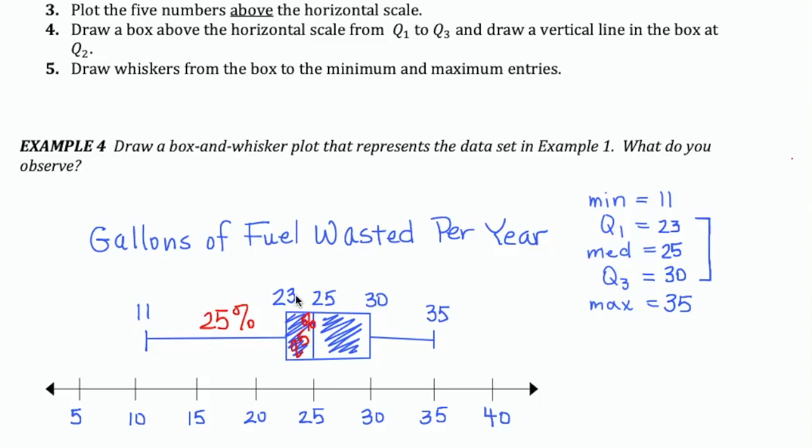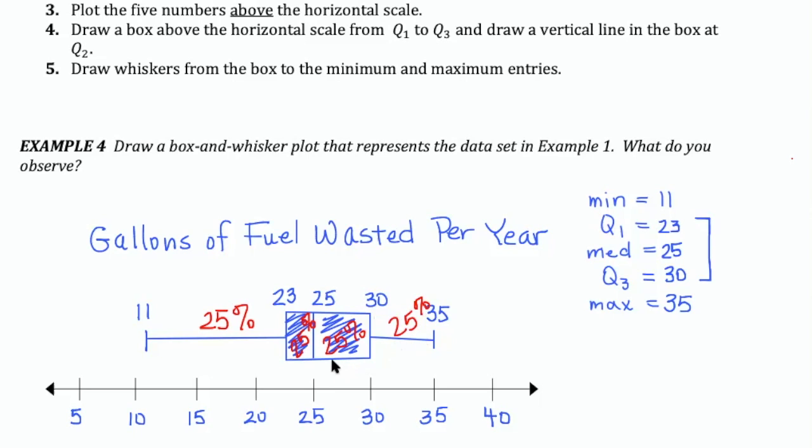So between 23 and 25, I have just as much data as I do from 11 to 23. We have a lot of values in a small area versus the same number of values over a larger range. I also have 25% of data in the second part of the box from 25 to 30, and 25% of the data is here from 30 to 35.